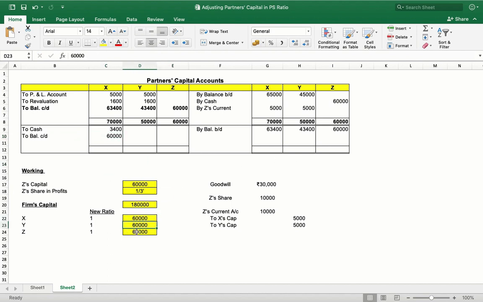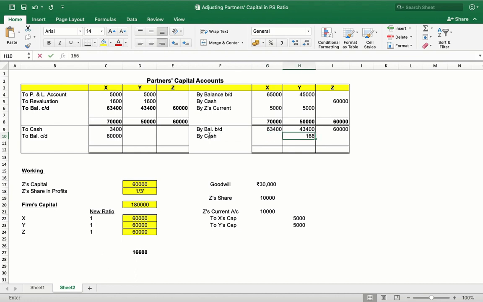Now what about Mr. Y? Mr. Y's capital we need to maintain at rupees 60,000, but at present his capital is only 43,400. So it means his capital is not sufficient, so Mr. Y needs to introduce rupees 16,600. He will bring the money, rupees 16,600, and we will increase his balance once he gives the cash.